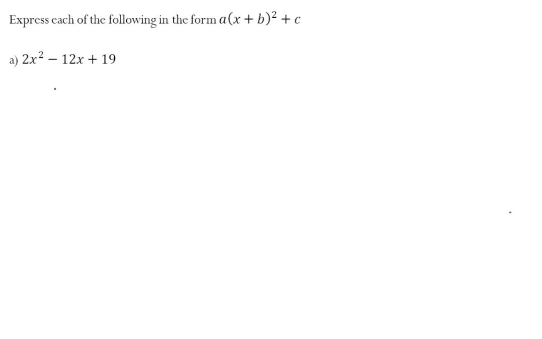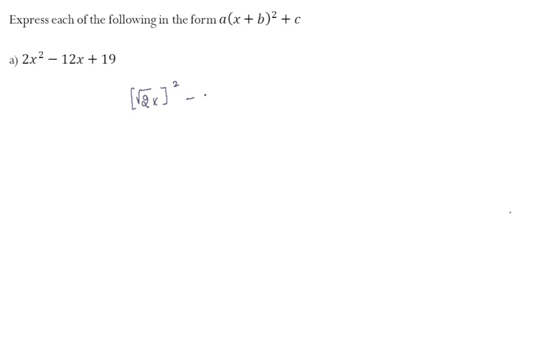Okay, let's discuss. So here the first term is 2x squared. What would be the square root of 2x squared? The square root of 2x squared is root 2 times x. So we can write it like this: (root 2 times x) the whole square.